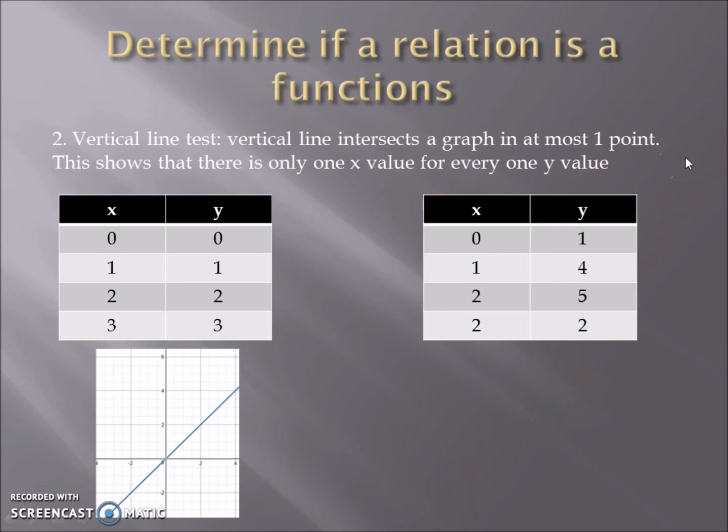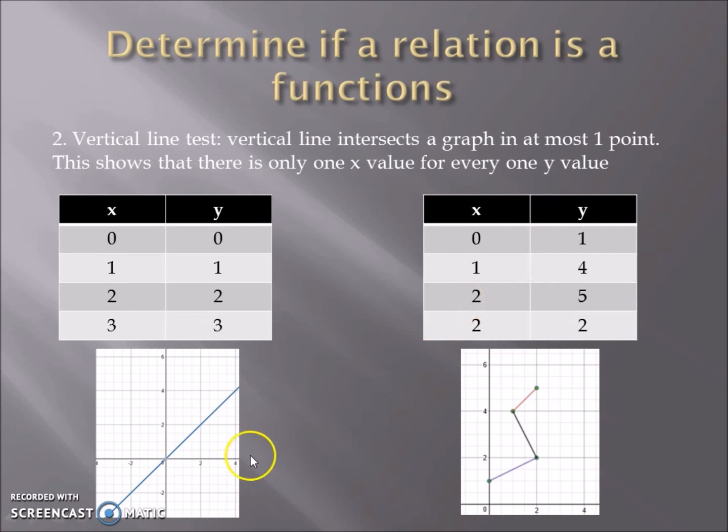So if I look here, here are our graphs. And let's say we didn't have these tables to tell us that these graphs were a function or not. Then we could tell just by putting a line straight down, and I mean straight down, in certain points.